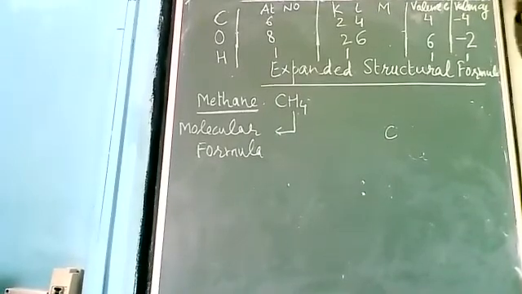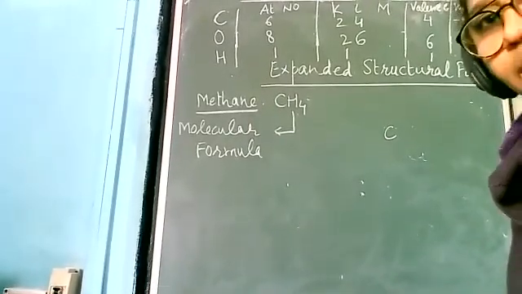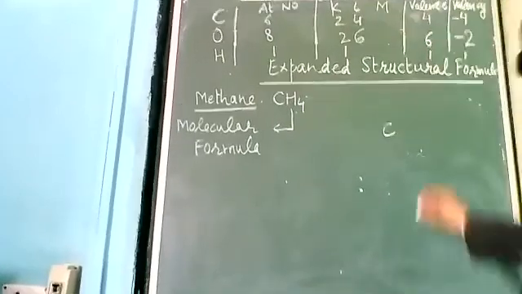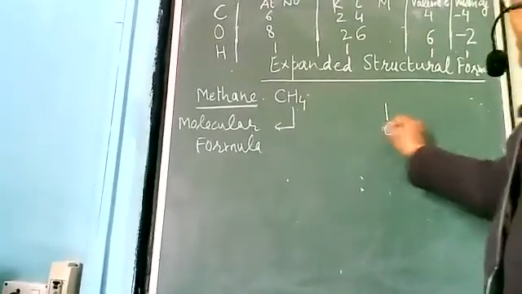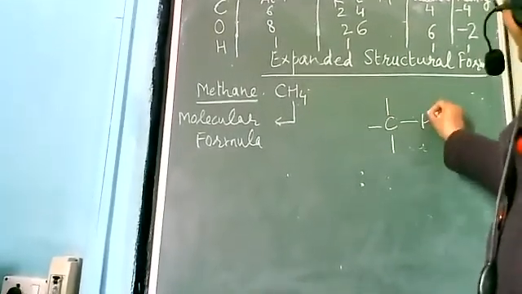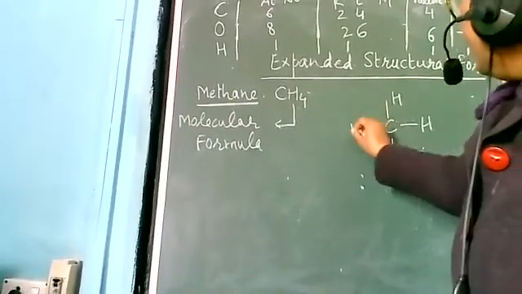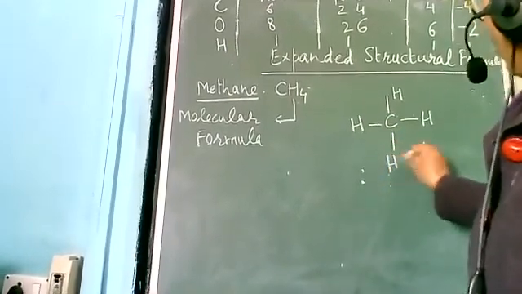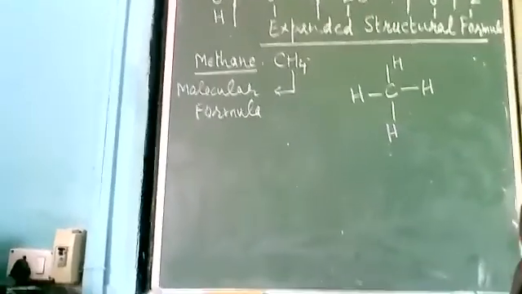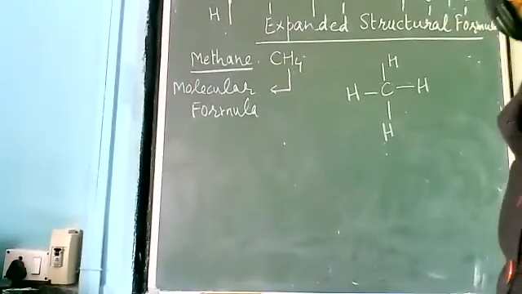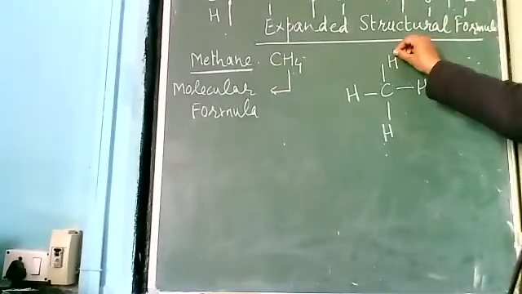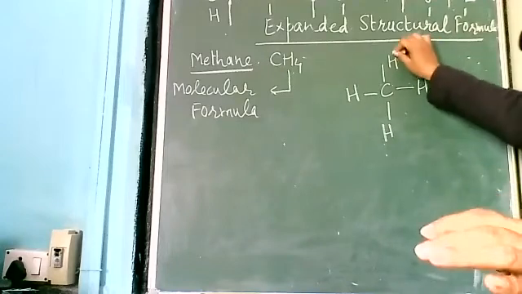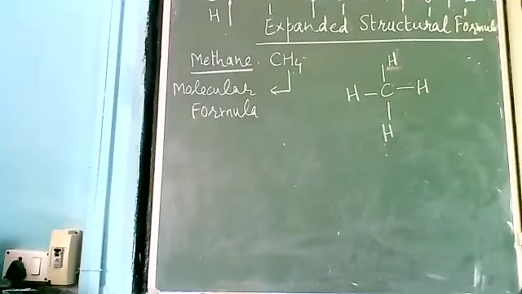Four hydrogen atoms are there. So can I write like this? On all four sides of carbon, I will write one atom of hydrogen. Agree, all of you? Structural formula. Clear to everyone?